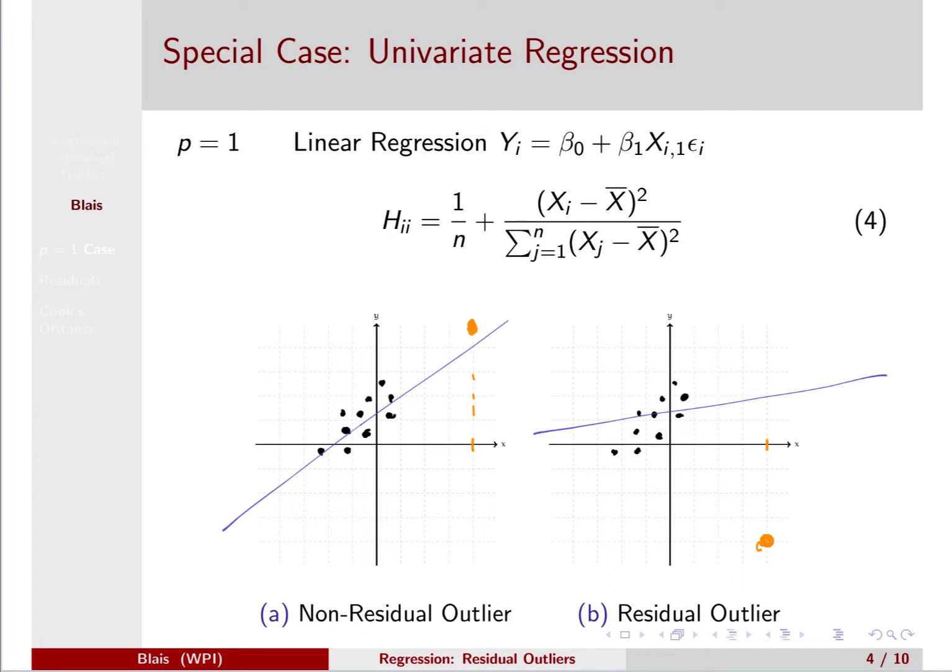And we see that it really now doesn't capture what looks like a linear relationship with a steeper slope amongst these points here. And so this is a residual outlier.